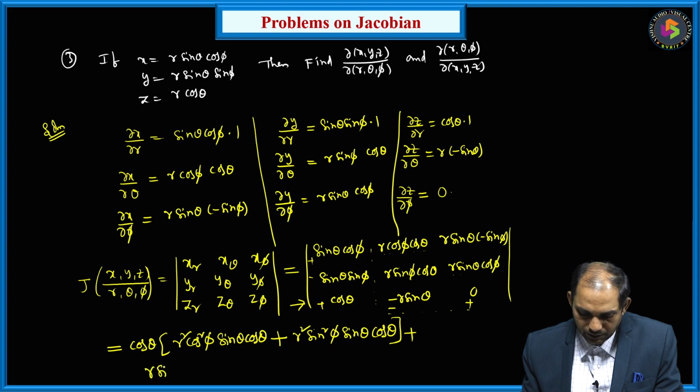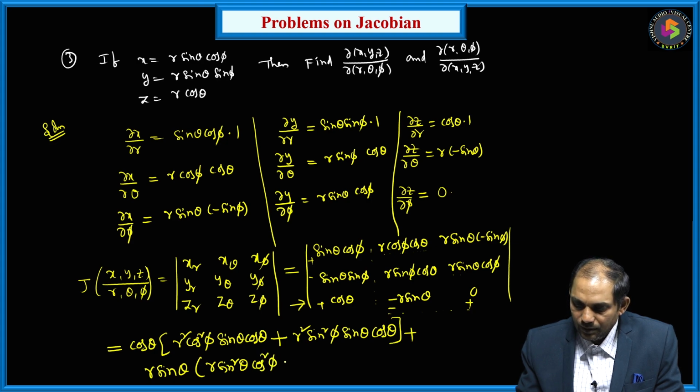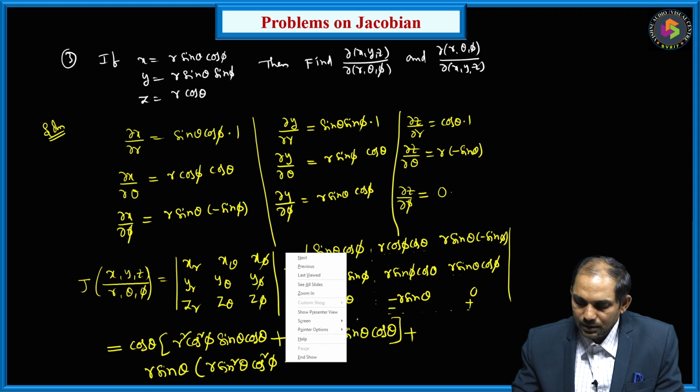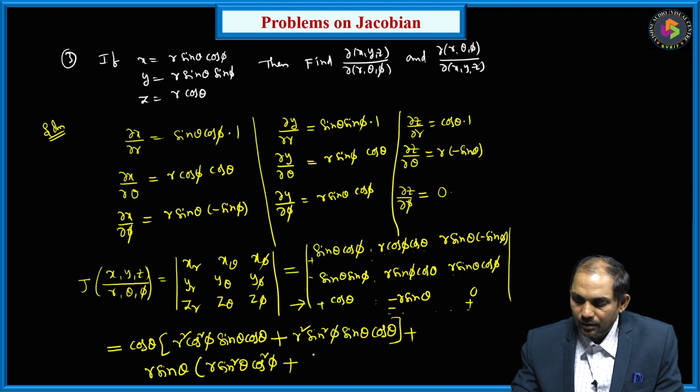So, r sin theta multiplied with sin theta cos phi gives r sin square theta cos square phi, and minus into minus plus, r sin theta sin phi multiplied with sin theta sin phi gives r sin square theta sin square phi.